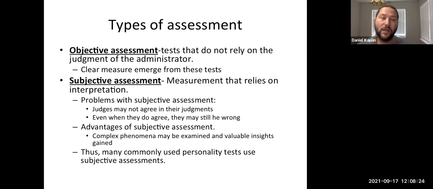First is, how do we know that if another test administrator were to give this instrument, they would get the same or very similar results? And moreover, let's say that we did get consistency across evaluators. It's possible that they might still be wrong. Those are the two criticisms of subjective assessment.